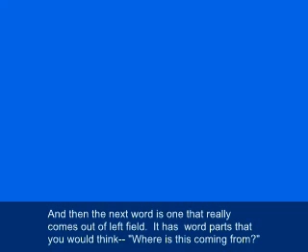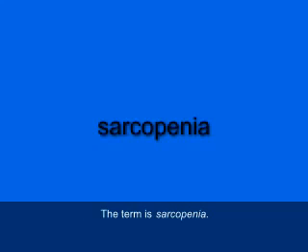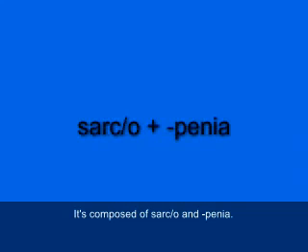And then the next word is one that really comes out of left field. It's got word parts that you would think, where's this coming from? Because we haven't seen anything like this before. The term is sarcopenia. It's composed of sarco and penia.